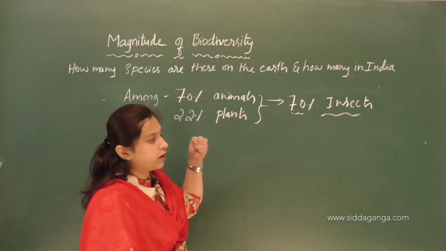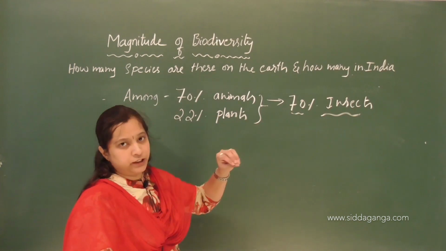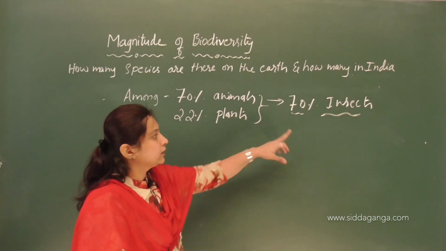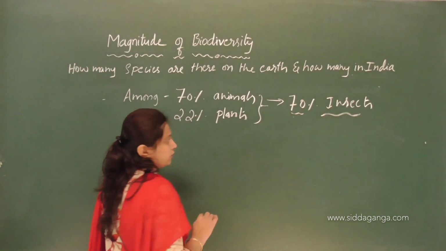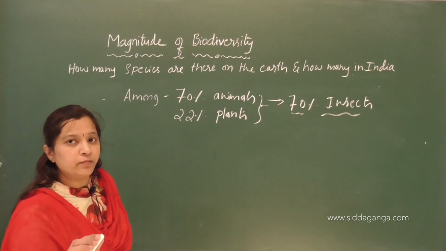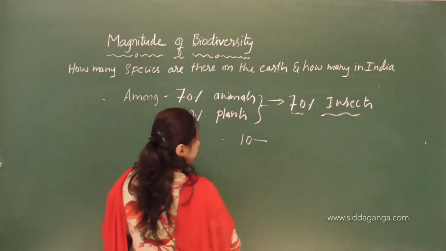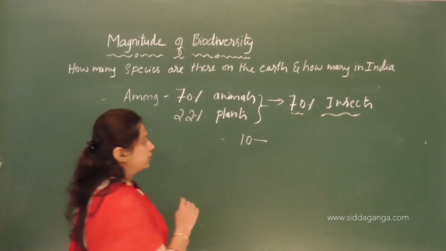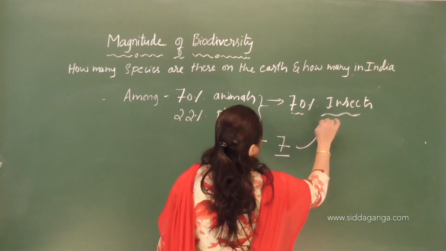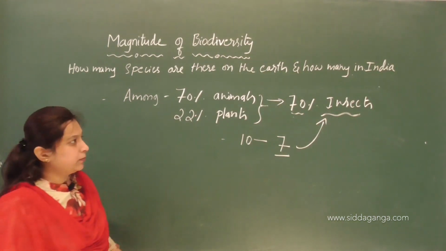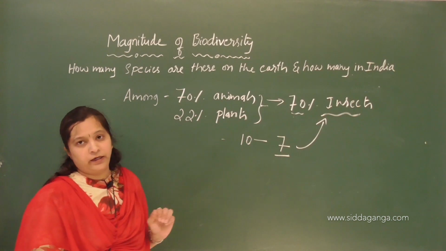So that is about 70%. So 70% of the animals are insects. That means what? Out of 10 animals, 7 are insects. So 70% of the known animals are insects.